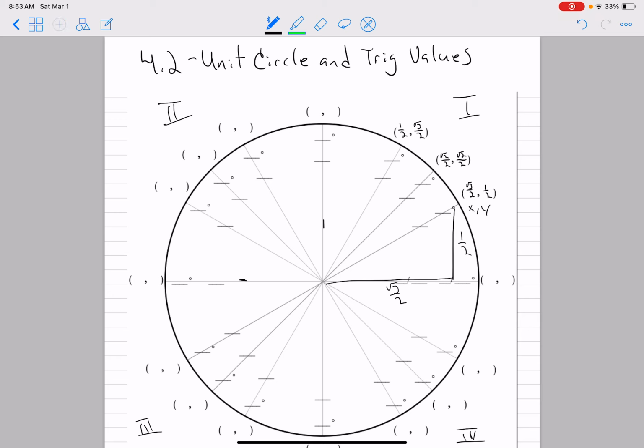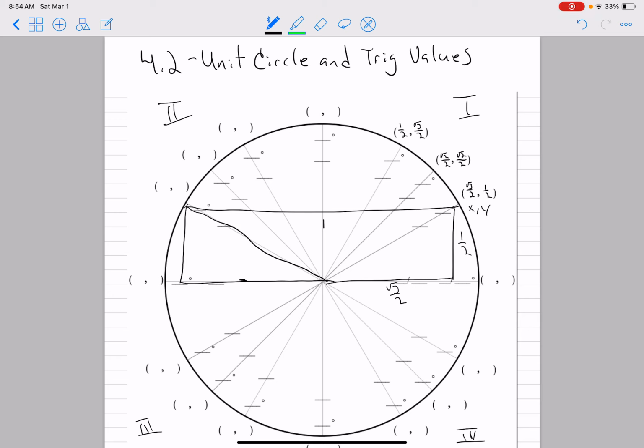So now we're going to imagine that you folded this thing across the y-axis, right? So when I do that, if I take this point and go straight across the y-axis, I end up right here. So I end up with this same triangle. It's just on the other side of the y-axis, okay?